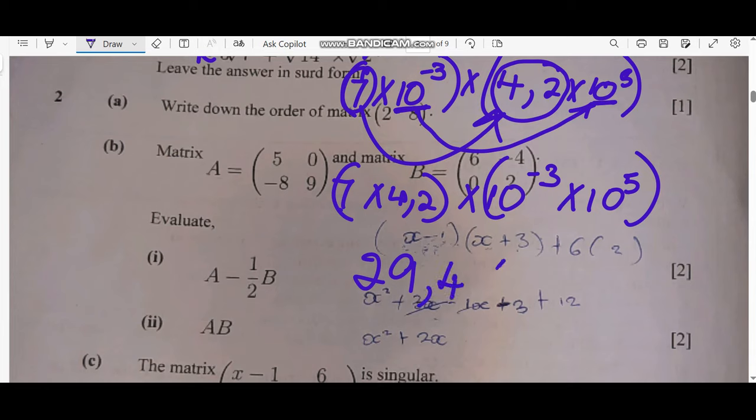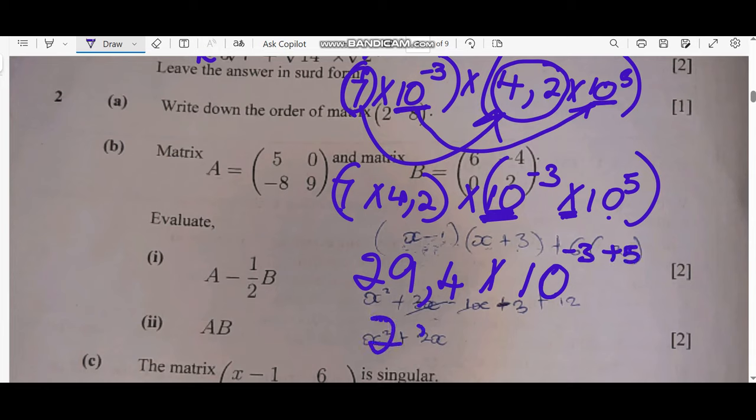29,4. Times, because these bases are the same, we are going to take one base, which is 10. Then because of multiplication, we apply the law of indices, which says multiplication of numbers means the addition of powers. So we say minus 3 plus 5. You get the sense?